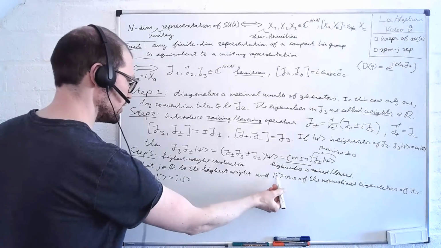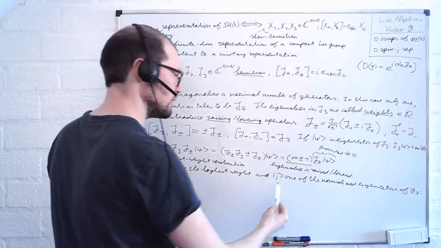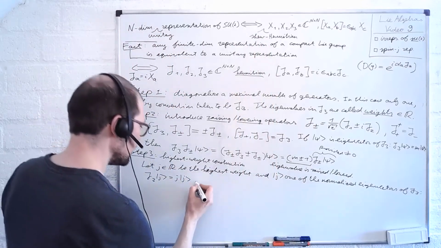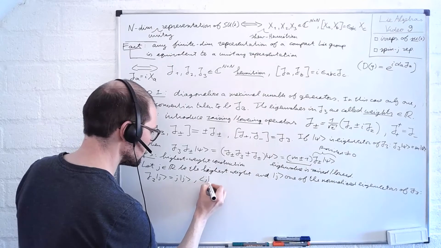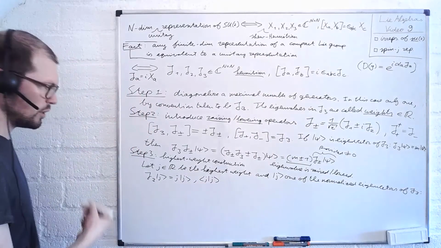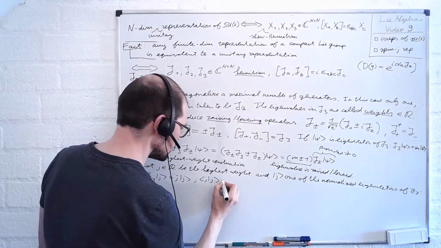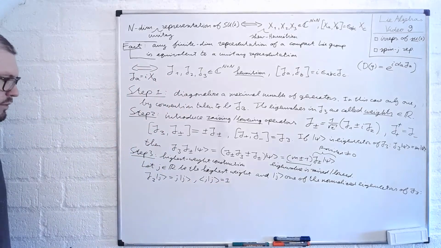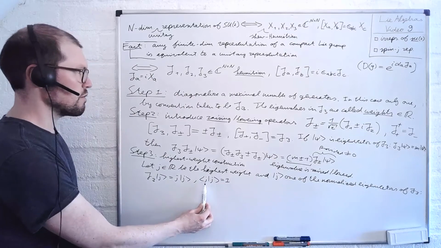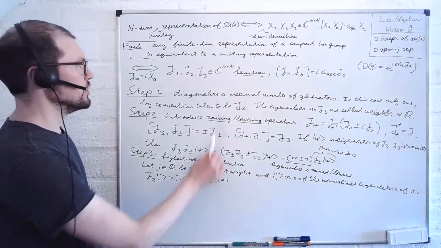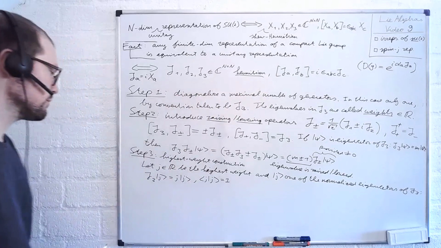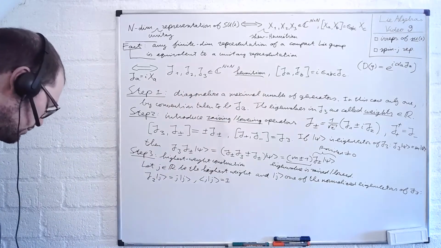This is just my labeling of this particular eigenvector that we have chosen. And we're assuming that we have some complex inner product on the space, and that is normalized with respect to this. So this should be the inner product with respect to which the J1, J2, and J3 are Hermitian. Okay?